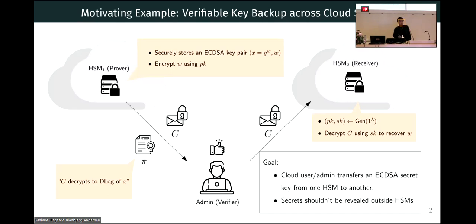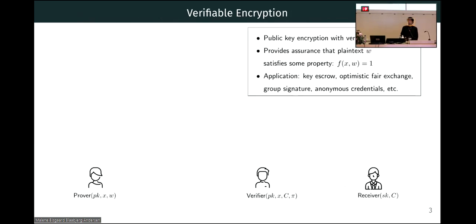So this is one example, and verifiable encryption offers a solution to these kinds of problems. So let's abstract the problem. Here, there are three parties: prover, verifier, and the receiver. The prover holds a secret witness and a public key generated by the receiver.